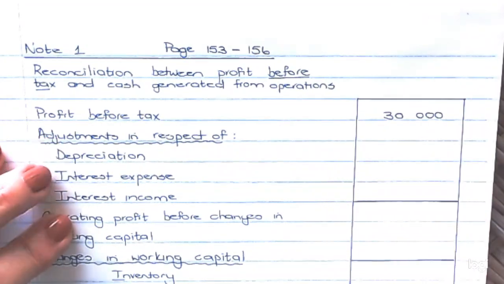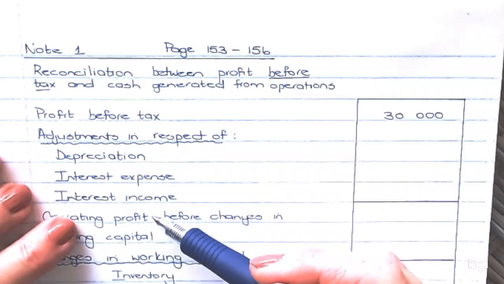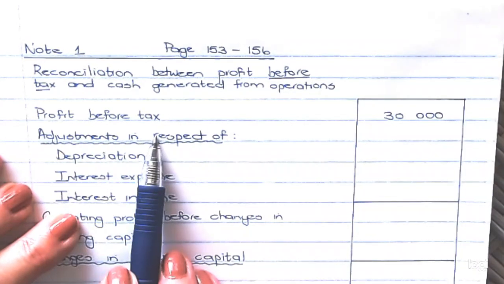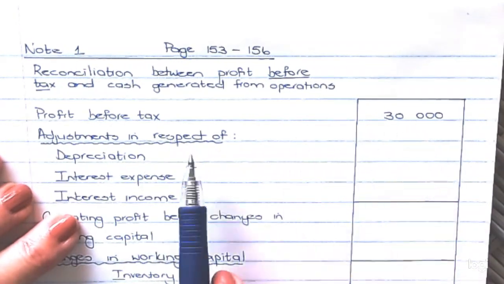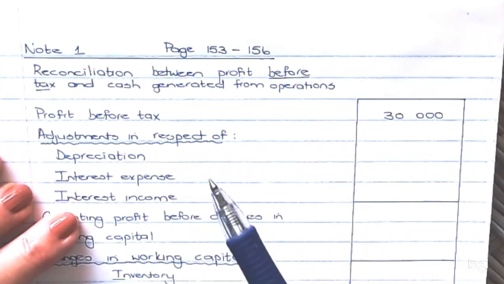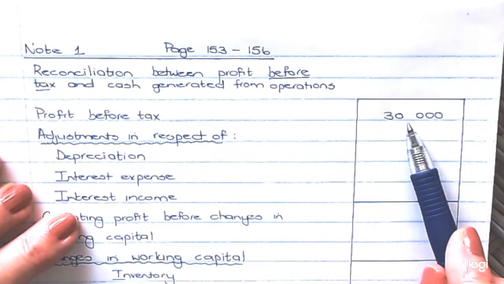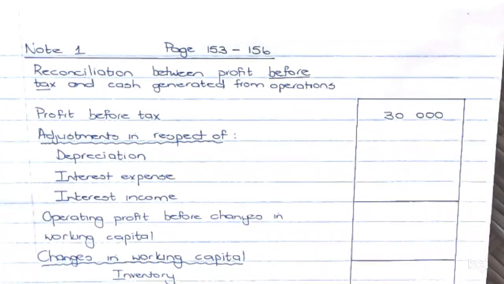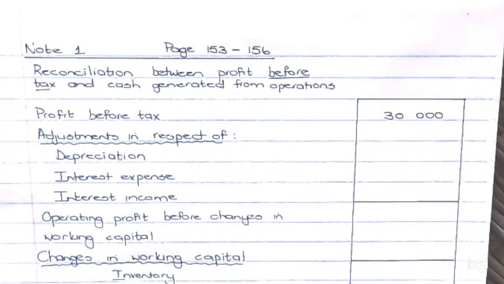Now what we want to do with the next little section is we adjust the income statement, the statement of comprehensive income, because we say the profit before tax in your statement of comprehensive income. Let me just show you again.